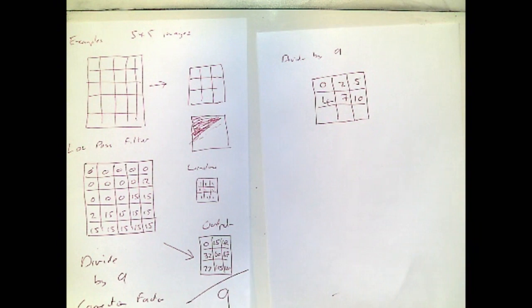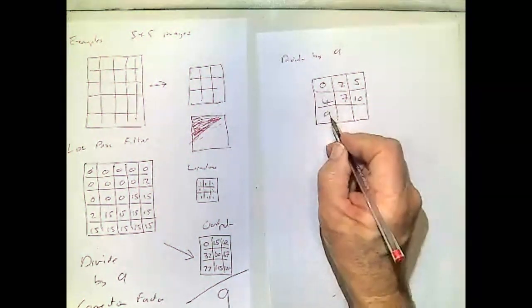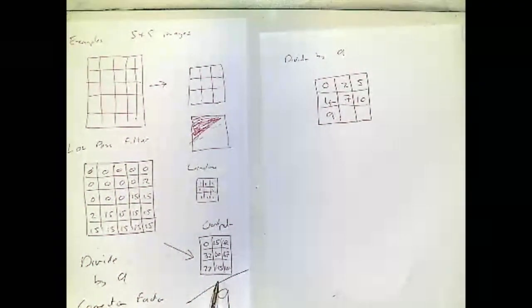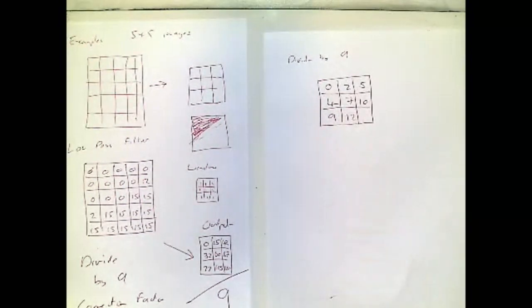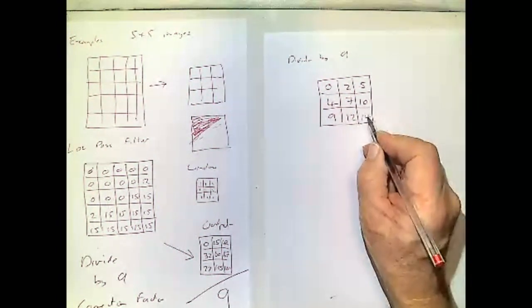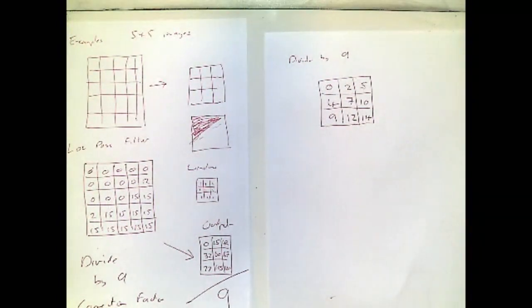Well, 77 divided by 9. 9. 105 divided by 9, gosh. 12, thank you. And 120 divided by 9. You've got a calculator, haven't you? 14. So that would be the low pass or smooth image.